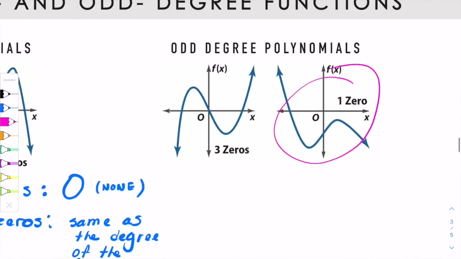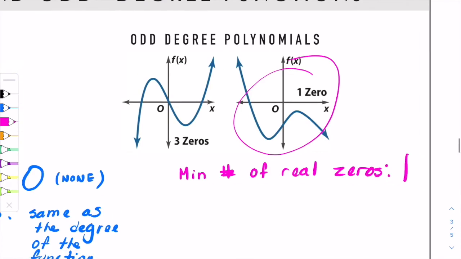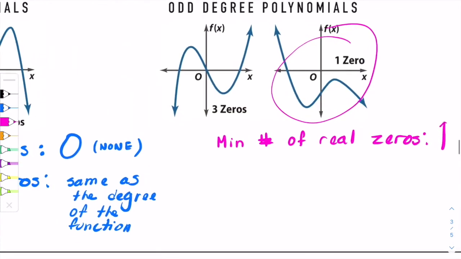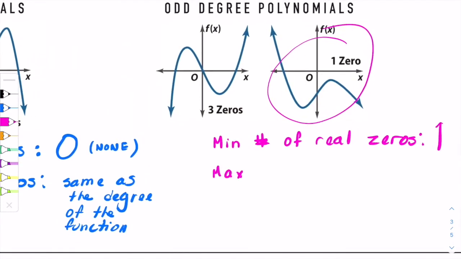So our general rule here tells us that the minimum number of real zeros for odd degree functions is 1. And the maximum number of real zeros is the same as the degree of the function.